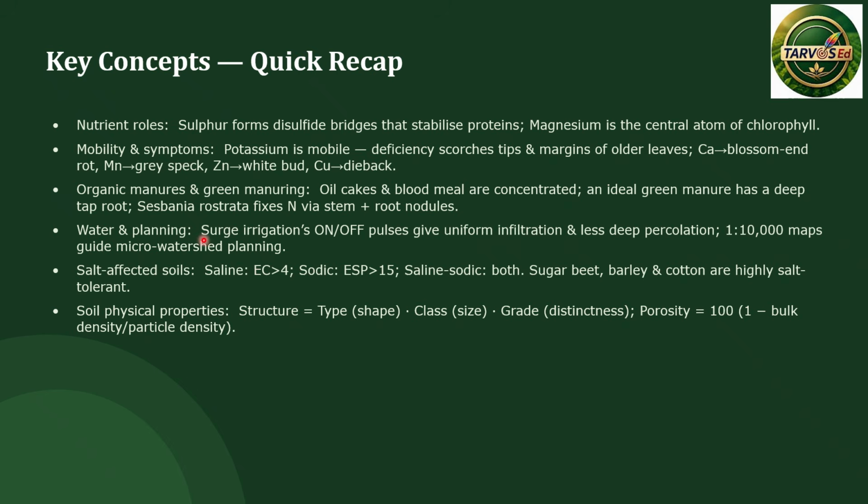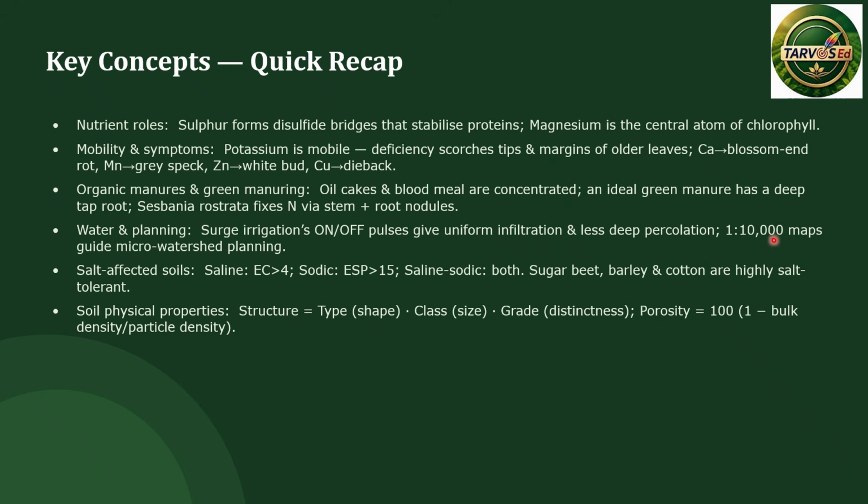And in water planning, surge irrigation is on-off pulses which will give uniform infiltration and reduce the deep water percolation loss. And coming to planning, a 1 is to 10,000 map will be useful in micro level planning. And you have to remember that when the denominator increases, the scale of the map will be decreasing.